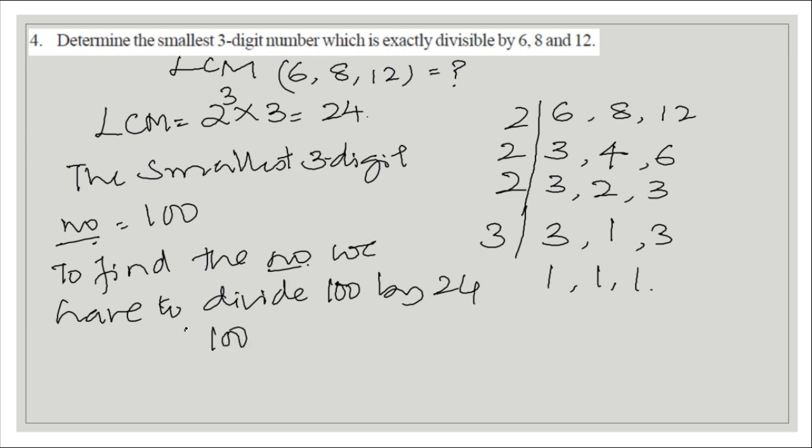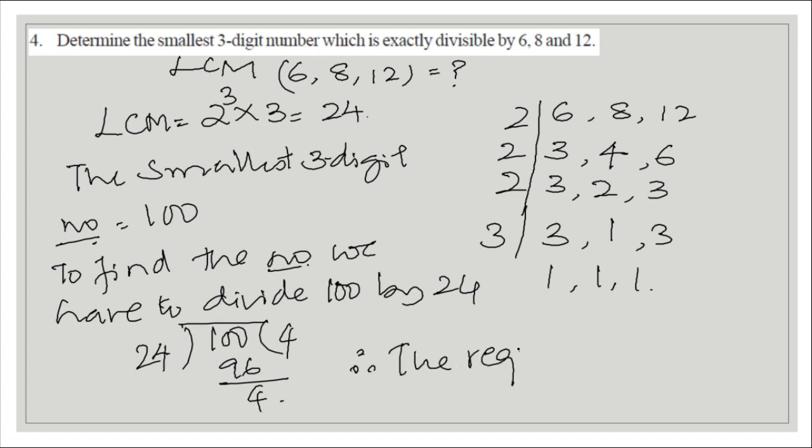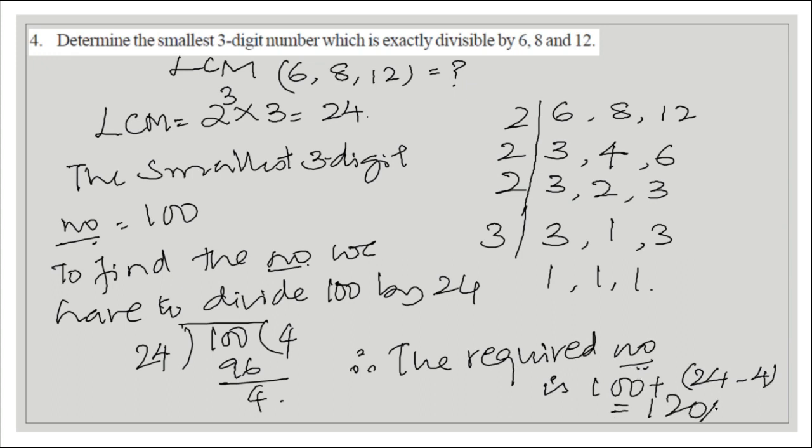So when 100 is divided by 24, it is 4 times 96. 4 will be the remainder. Therefore the required number is 100 plus 24 minus the remainder, so it is 120. So 120 will be the smallest 3-digit number which is exactly divisible by all these.